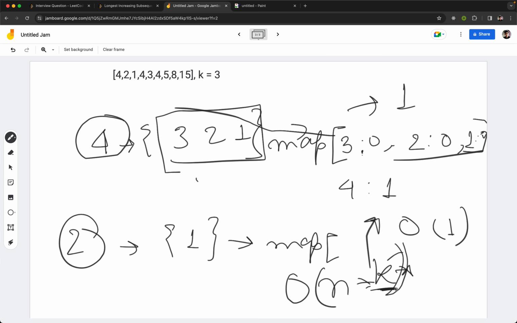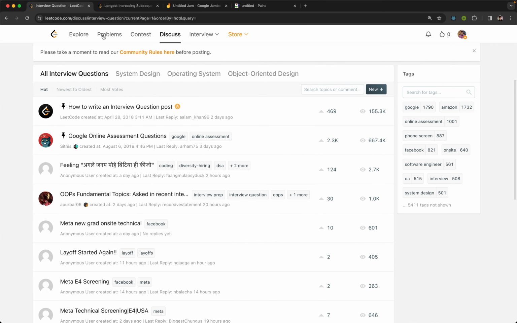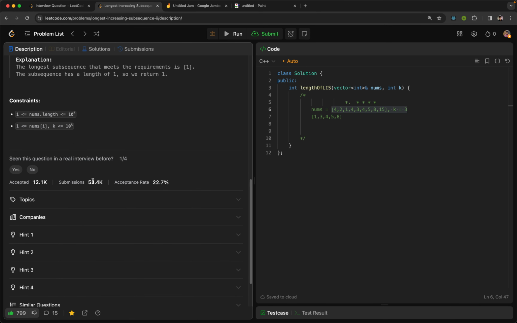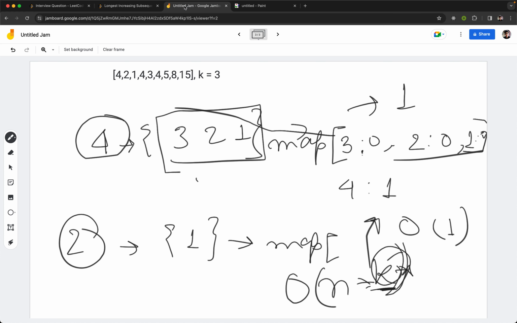However, if you see the constraint of k in this problem, it is again 10 to the power 5. So we cannot make the solution pass with this 10 to the power 10 algorithm because it's quite large. So we must think of some optimized approach, right?